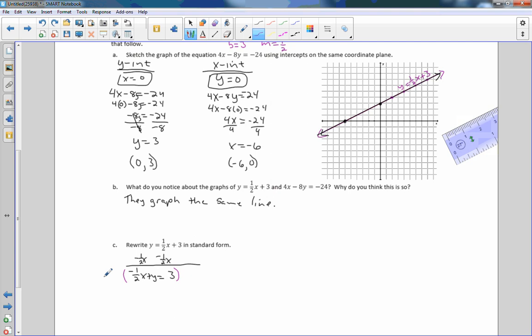So I'm going to multiply by a negative, and the denominator will get rid of my fraction, so I'm going to multiply by -2. Negative times negative is positive. 2 times 1/2 is 1, leaving me with x plus -2 times y is -2y, and we're beyond that plus or minus stuff from last year, so we're just going to say minus 2y equals -2 times 3, which is -6. So there is the equation in standard form.